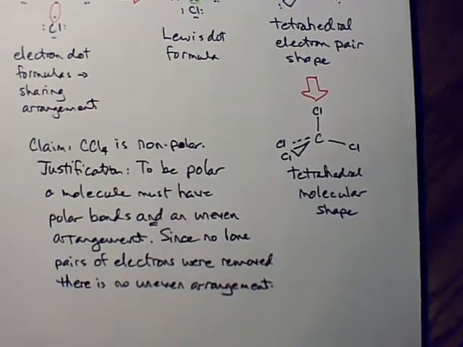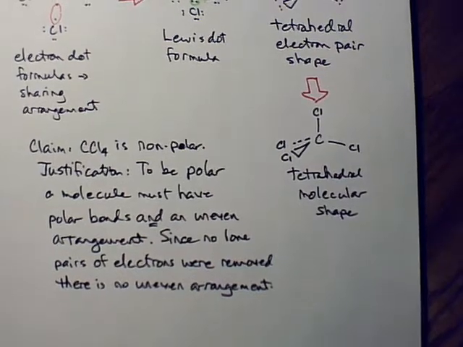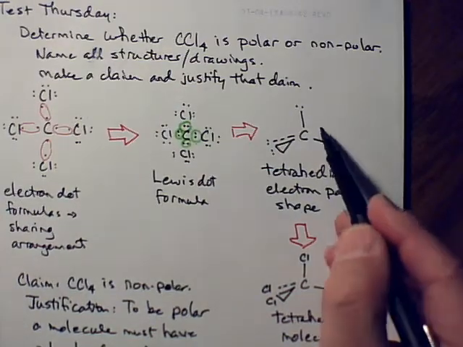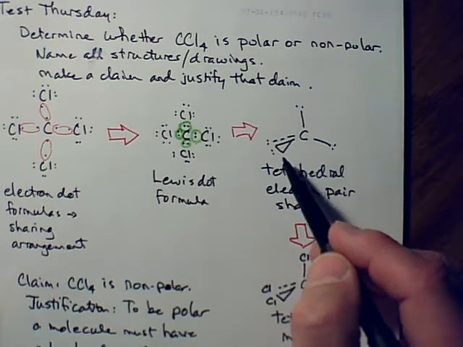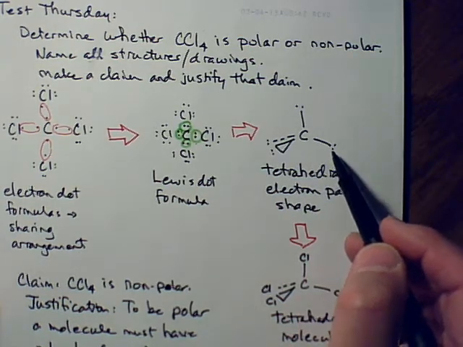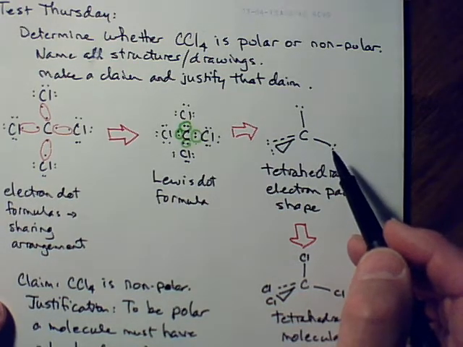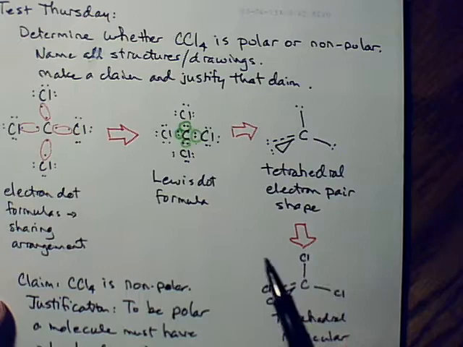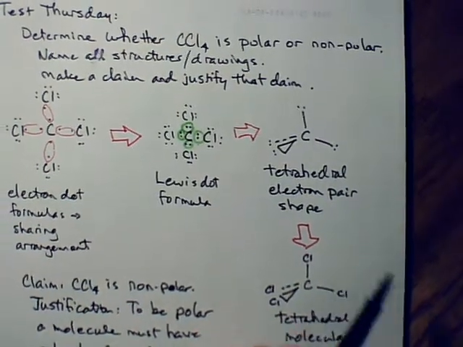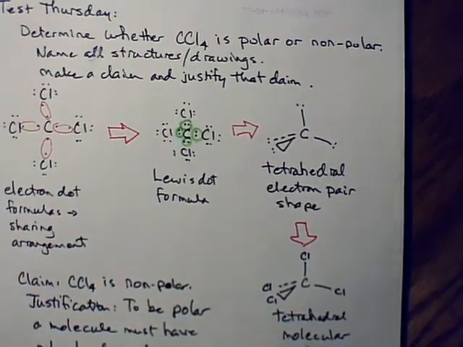When you have a modified electron pair shape, when you replace the pairs of dots with the element symbols when those electrons are shared, you have a pair of electrons left over without an element symbol on there. Okay? So that would be a modified electron pair shape.